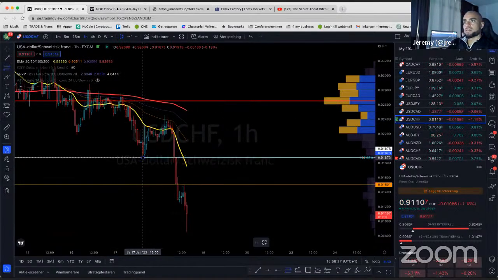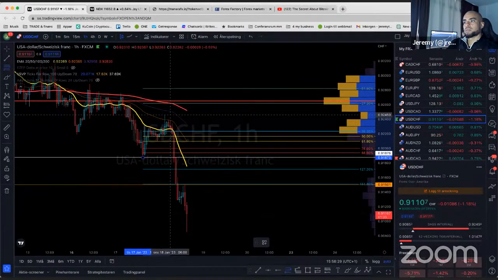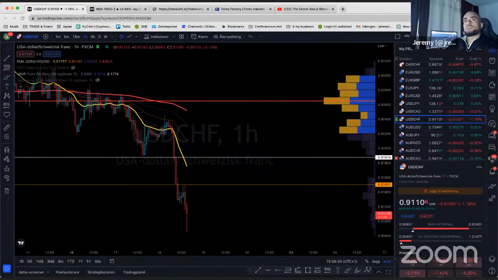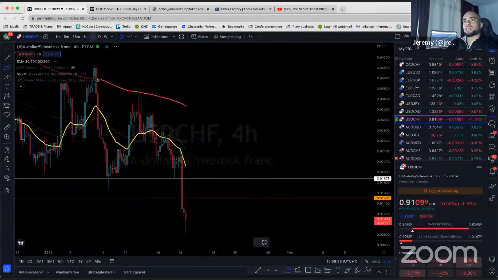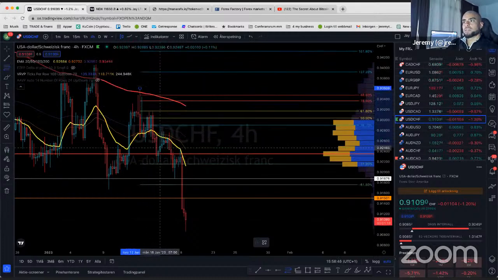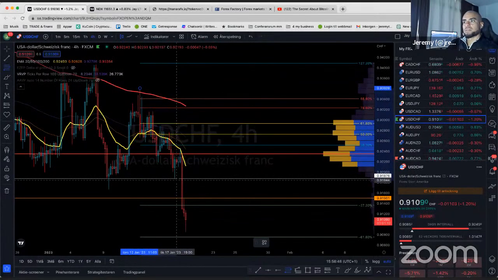First thing, we had this swing. No, not interesting. So what we had previously, if we're looking at the 4-hourly time frame, is a swing from up here, this top, to down here.